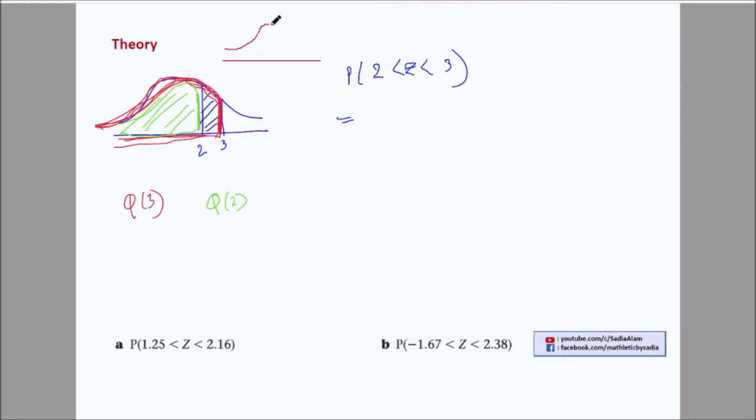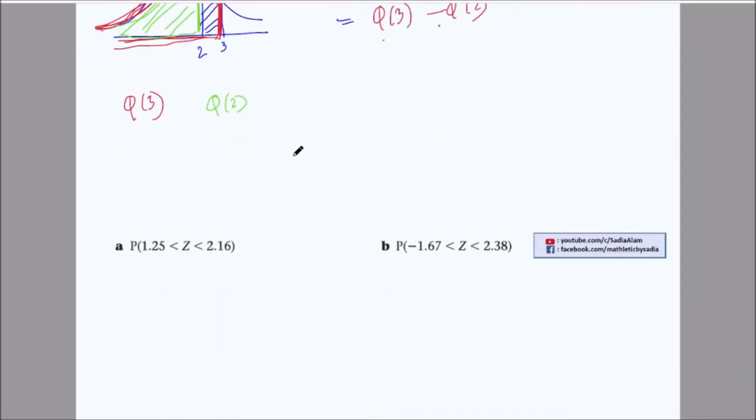So basically you are finding phi of 3 first to get the total area, then you are finding phi of 2, then you are deducting them to get the in-between area. So it's phi of 3 minus phi of 2. Whenever you get a value in a range, you just use phi of the greater value, on the right side, minus phi of the lower limit, the lower value.